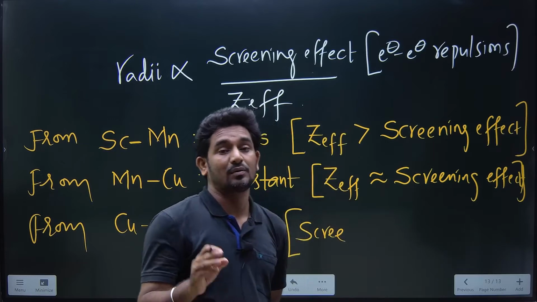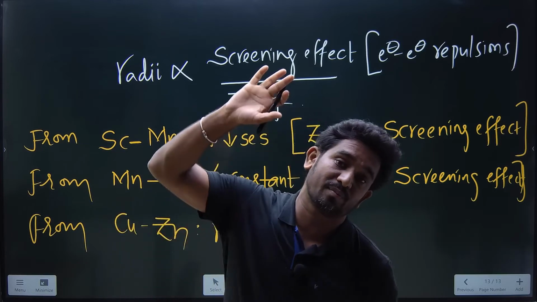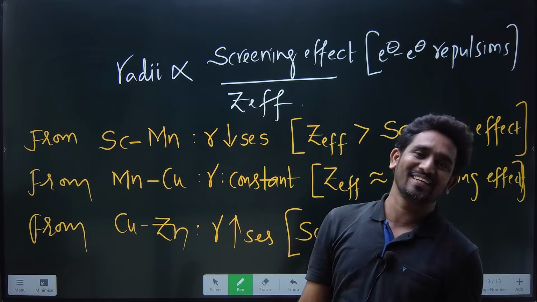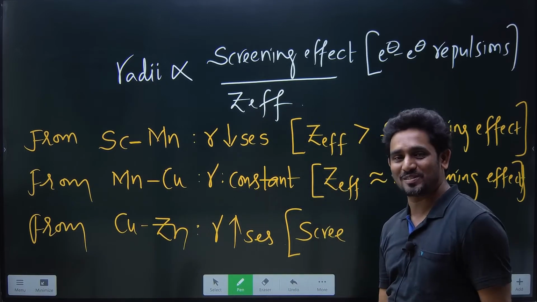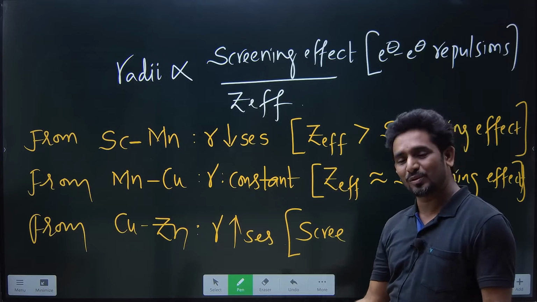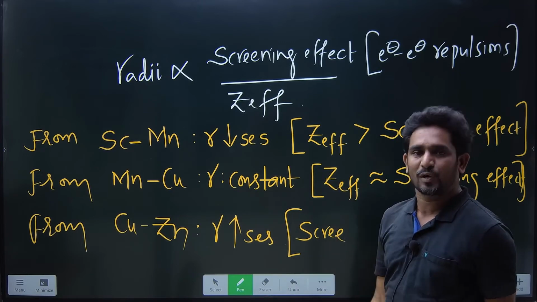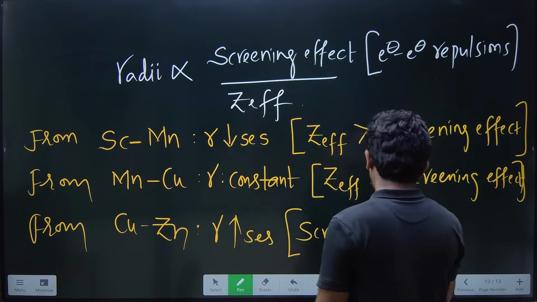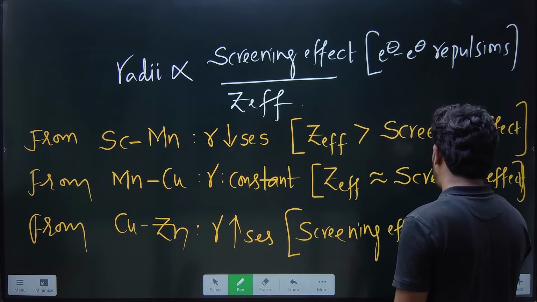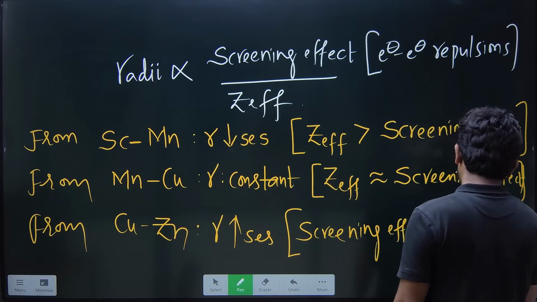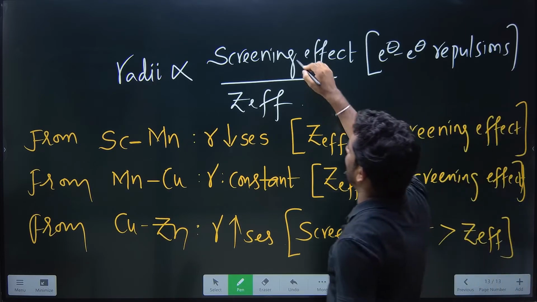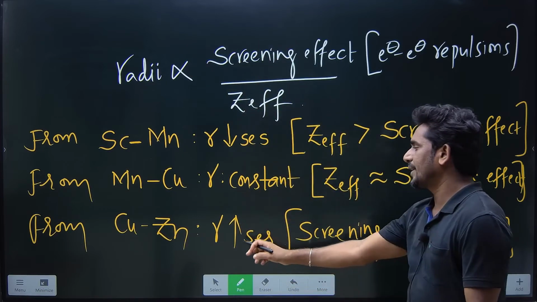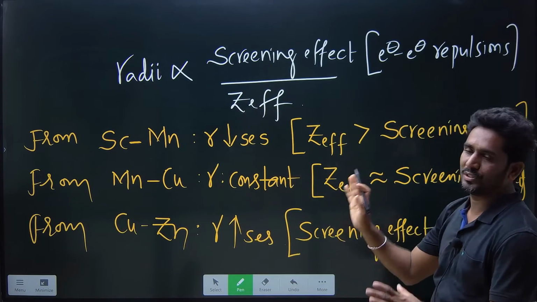Look at it, in zinc there are d10, 10 electrons, many electrons in d orbitals. ठीक है, so due to more number of electrons, screening effect will dominate here, means electron repulsions will dominate. Screening effect dominates effective nuclear charge. इसलिए size increases. More the screening effect, more the radii. ठीक है, इसलिए radius increases from copper to zinc.